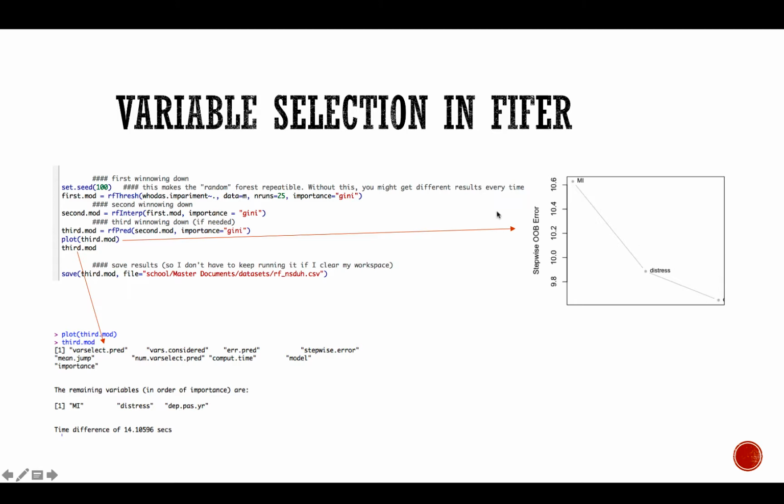And what it says is this last stage took 14 seconds to run, which actually isn't bad at all. Some of the earlier stages take a whole lot longer. So that's the basic idea of how you select variables in FIFER. But again, be prepared to binge watch Netflix or something because it might take a while.